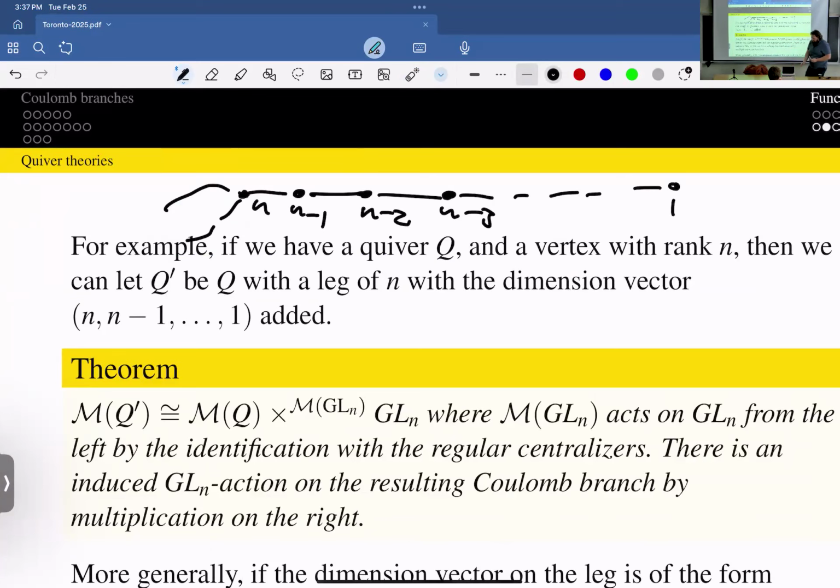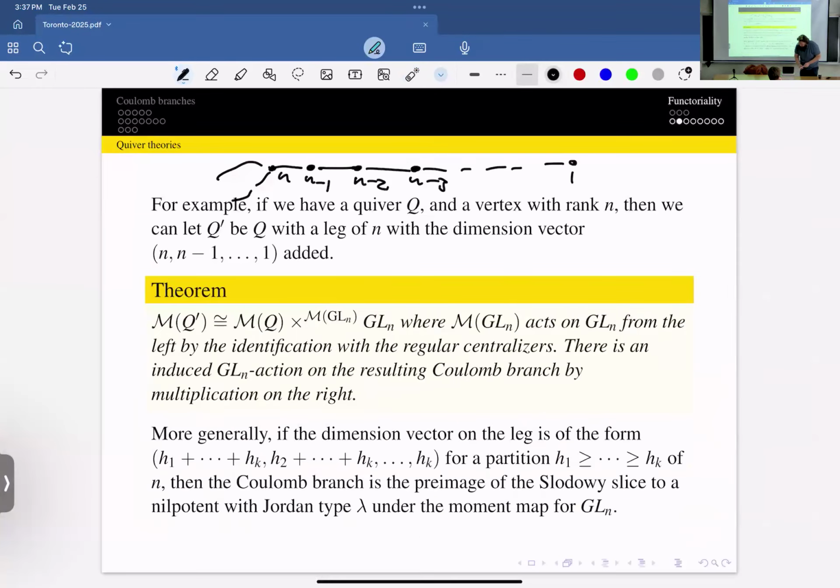When I do that, it turns out there's a really nice description of this. I take the Coulomb branch for the smaller graph, and if I follow through the description of all the Coulomb branches for the pieces, I'll find what I do is I take the product with GLN, not base change. The base is already built in here. So I'm supposed to take GLN times the base and then base change over the base. So the base just disappears.